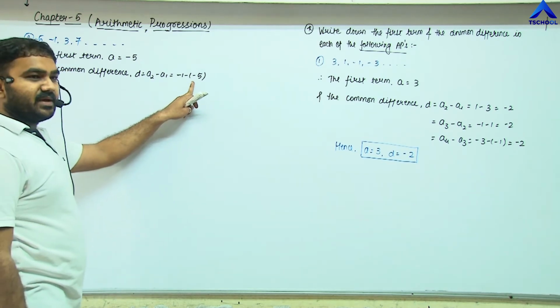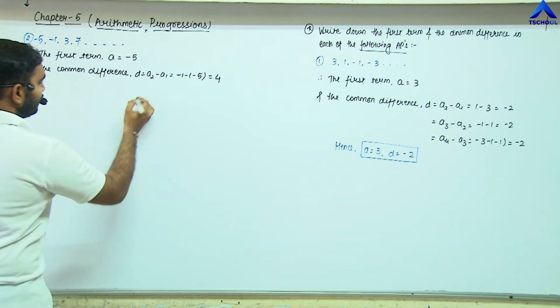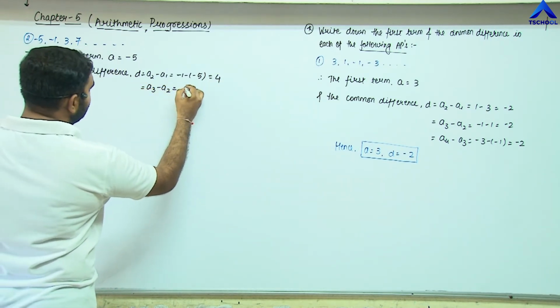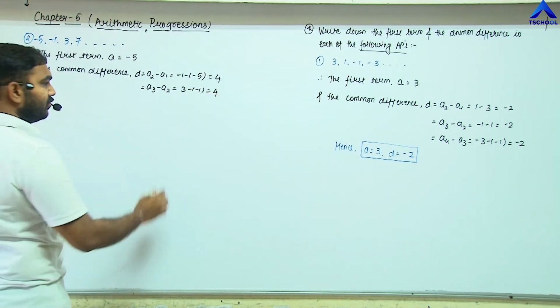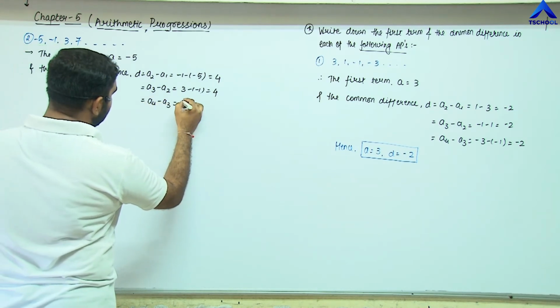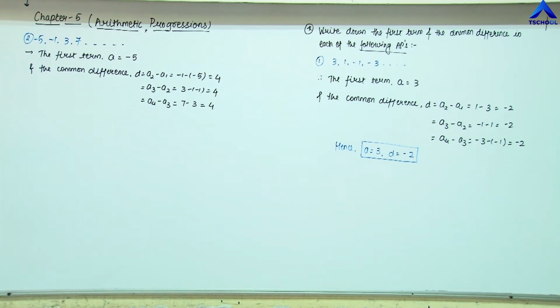So this minus minus plus, and minus 1 plus 5 is equals to 4, or you can also write it as a3 minus a2, that is 3 minus minus 1, which is again equals to 4. You can also write it as a4 minus a3, that is 7 minus 3, which is again equals to 4, right?